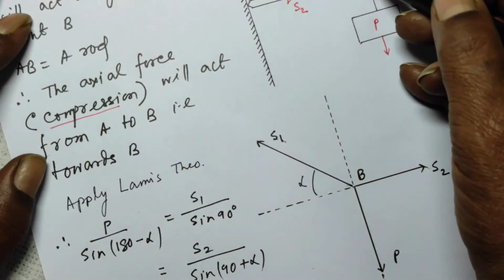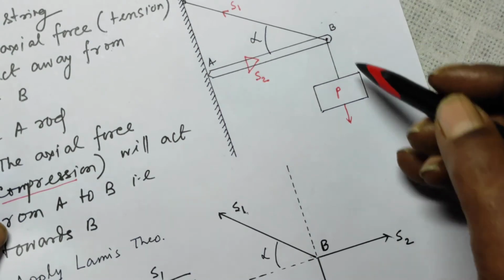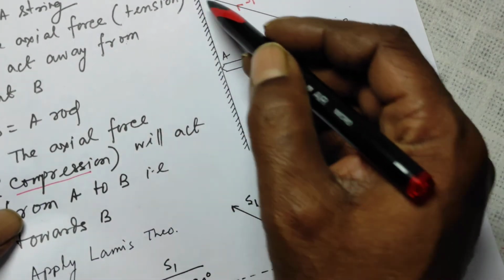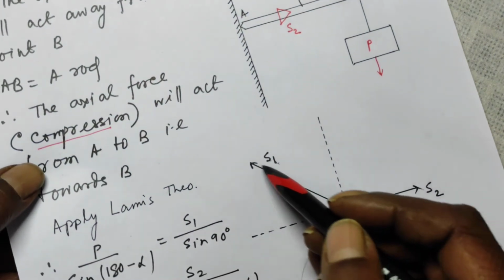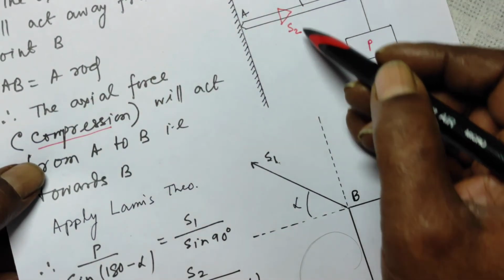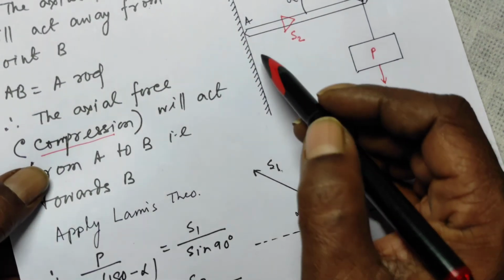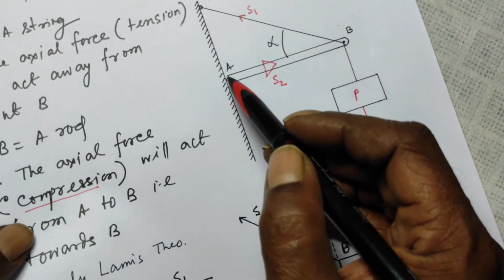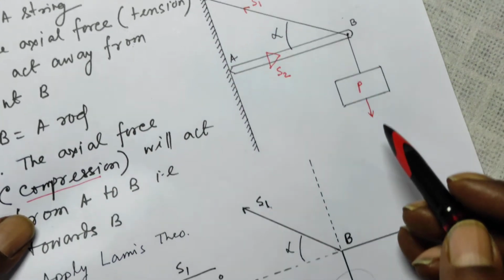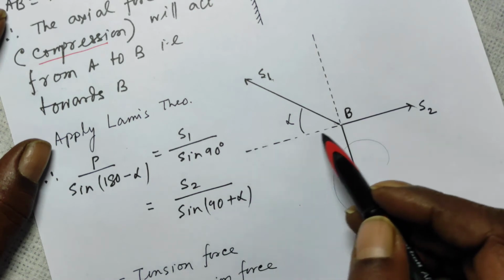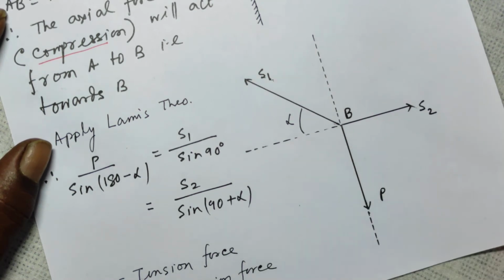So let us draw the free body diagram at point B and apply Lami's theorem. This point B is the same as this point B. This S1 tension force is shown here, angle alpha. The same angle is alpha here. The force of compression from A to B, that is towards the point B, is this one.